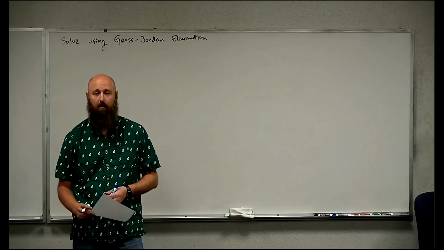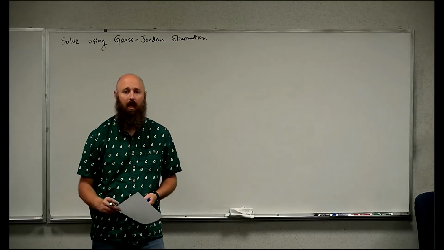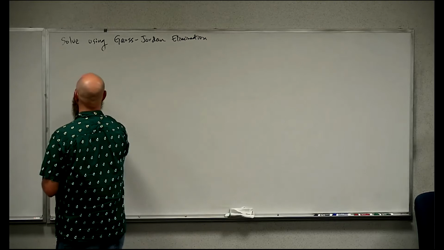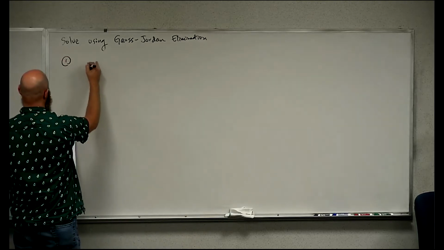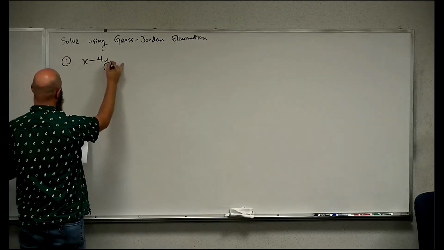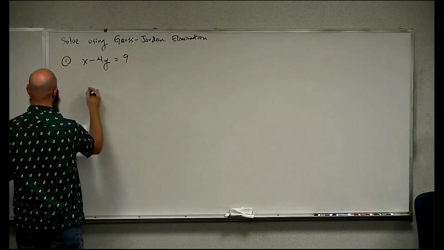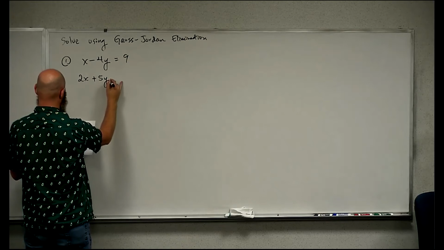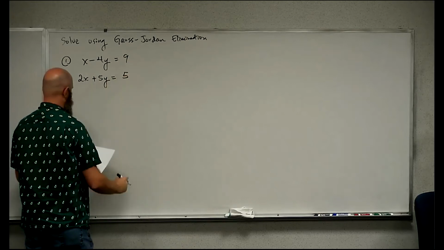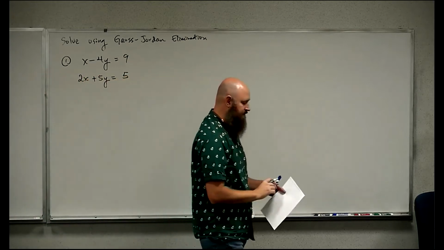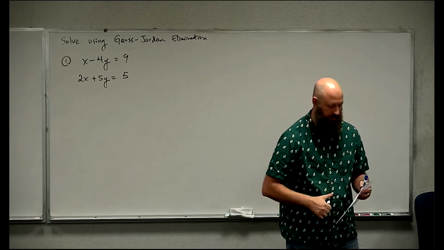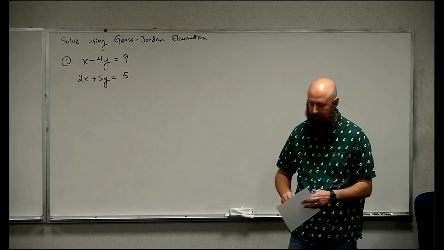That's fine, but you will have to do one or the other for these. All right. So x minus 4y equals 9. 2x plus 5y equals 5. Now we are going to need a little bit of space here, so we do want to be careful on these things.